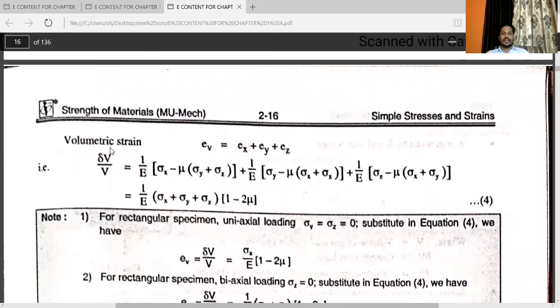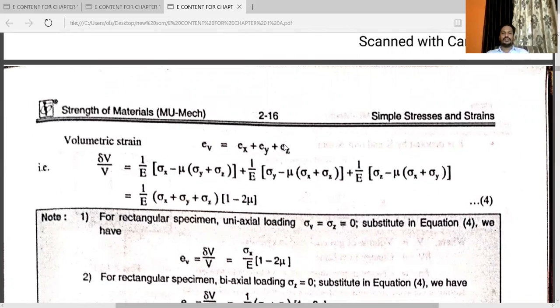So the volumetric strain is EV is equal to Ex plus Ey plus Ez. Now we have all the values. After putting all the values from equation number 1, equation number 2, and equation number 3, the formula will be delta V upon V is equal to 1 upon E in bracket (sigma x plus sigma y plus sigma z) bracket complete into (1 minus 2 mu).